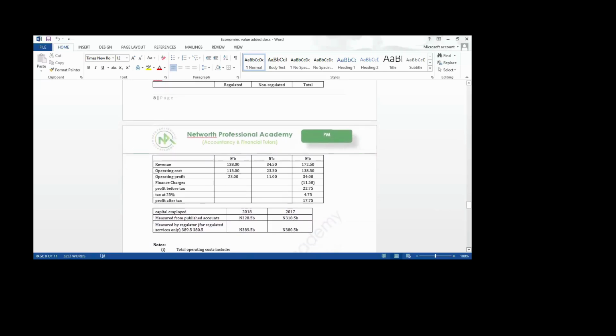Now, the first schedule is your income. Now, look at the capital employed. Capital employed measured from published accounts, and measured by the regulator for regulated service only.